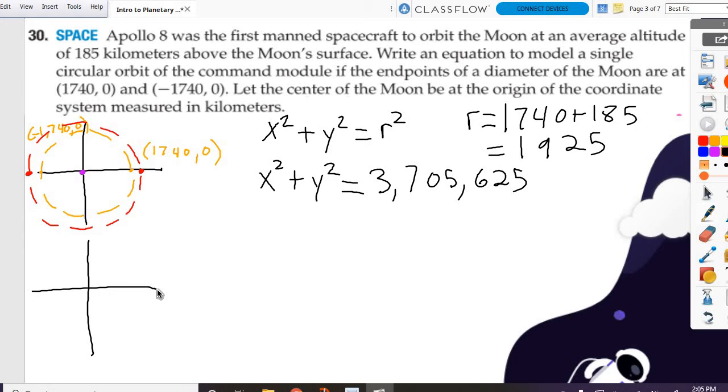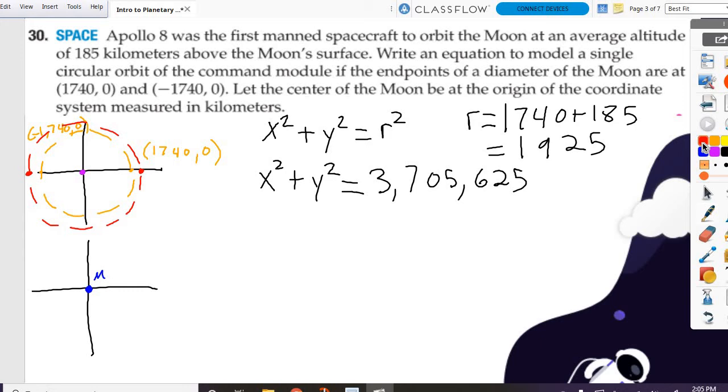And so at that point, the diameter of the moon becomes so small compared to how far we're actually going that we just pretend that it's a single point. So I'm not going to take into account my diameter. I'm just going to say that my moon is centered at 0, 0, and treat it as a single point.